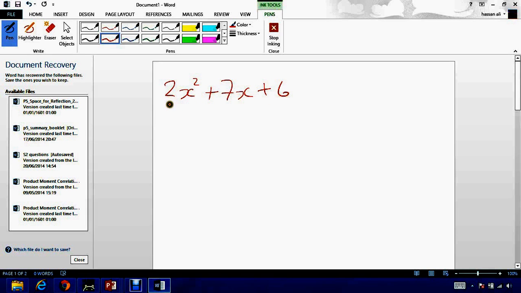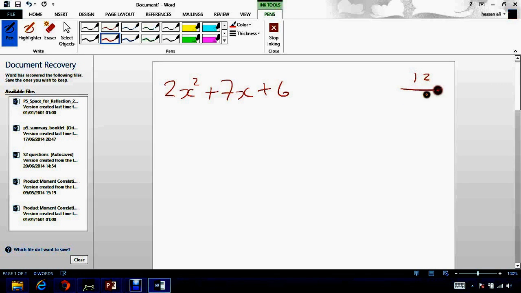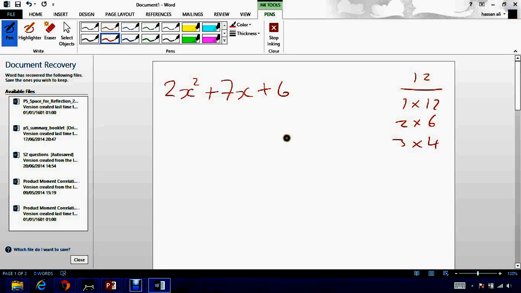Now in this case, first step that we do is multiply the 2 by the 6. So that will give you 12. Find two numbers that multiply to give you 12. So we'll have 1 times 12, 2 times 6, 3 times 4. Now out of these, which ones add to give you 7? It'll be 3 and 4.